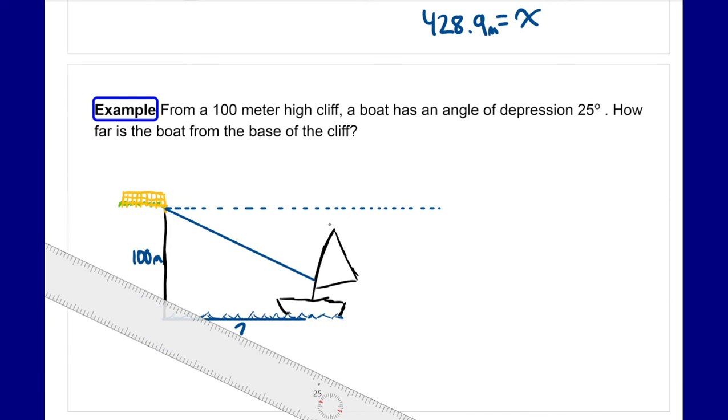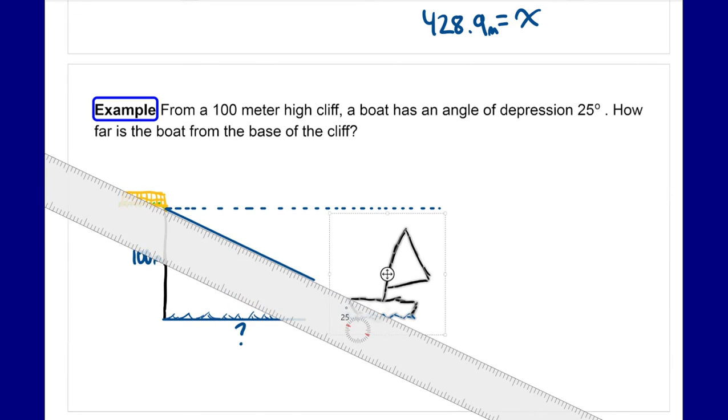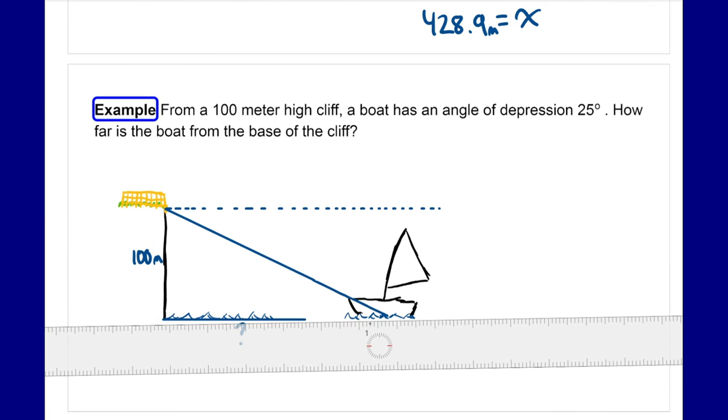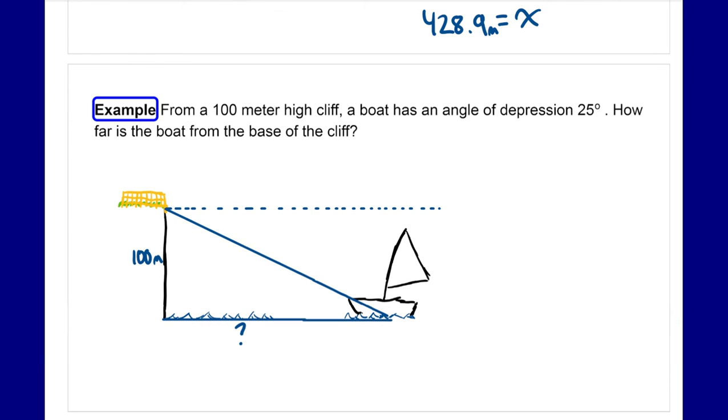We may have to move our boat backwards so that this actually works, because I did draw it to scale, but you get the idea. You don't need to draw yours to scale as long as you get the idea. The key thing about the angle of depression is that this angle here is 25 degrees.